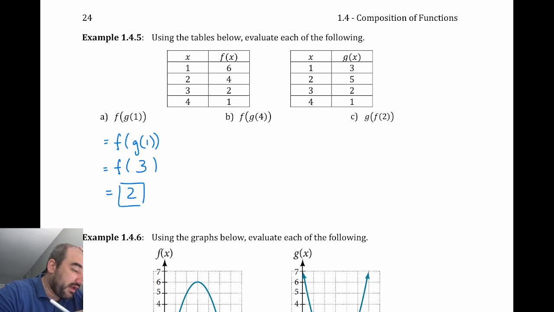So we evaluate f of 3 to be 2. Okay, I get this one.